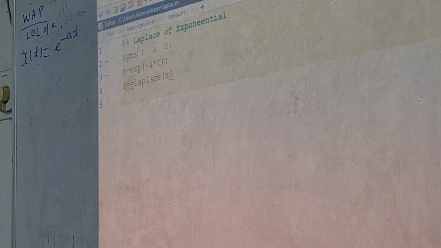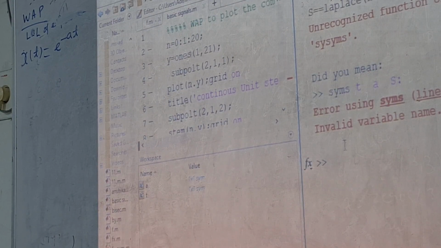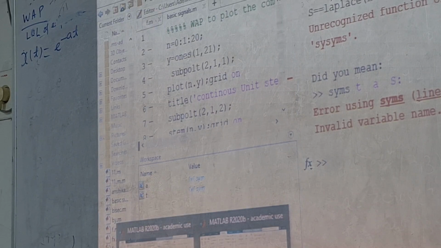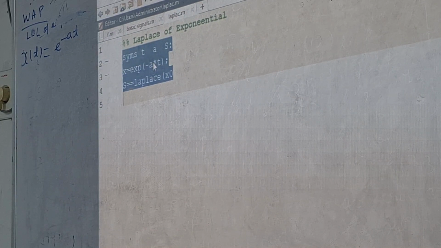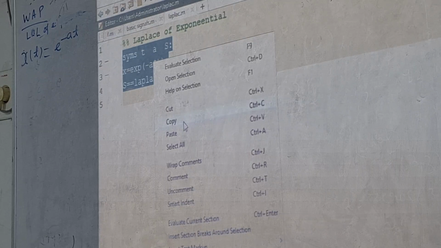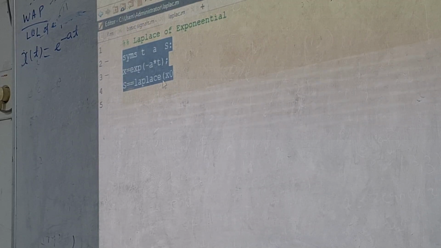Then you see the result. There is some error also because some syntax is missing. There is some error in typing SYMS, with capital S, and EXP.